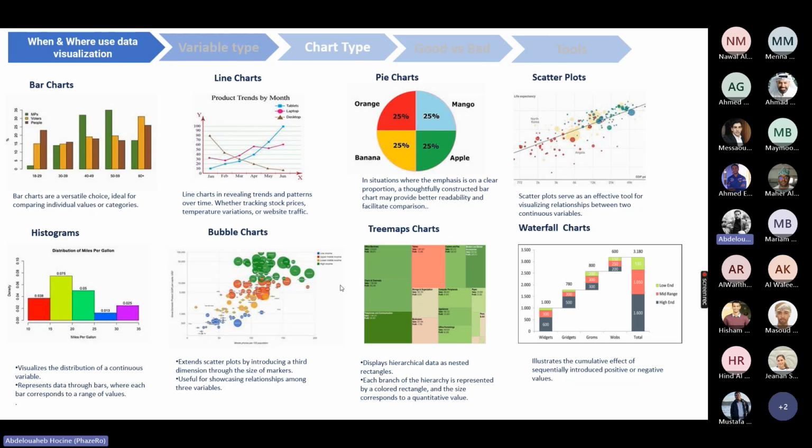The bubble chart has the same logic as the scatter plot, and you can add more categorical variables. You have two numerical variables, and you can add a third one. It will be categorical, to make different colors in your bubbles. The treemap chart, we use it sometimes when we have tree logic, like family members or any kind of hierarchy, we can make it as a tree.